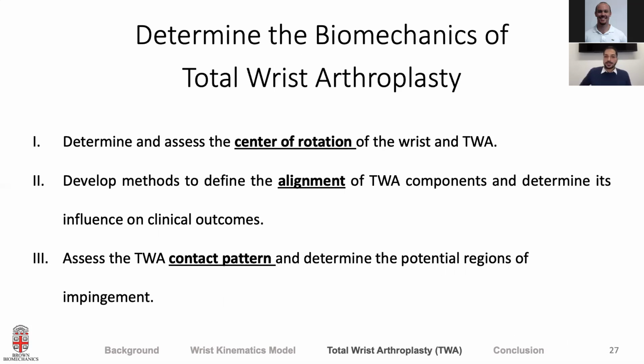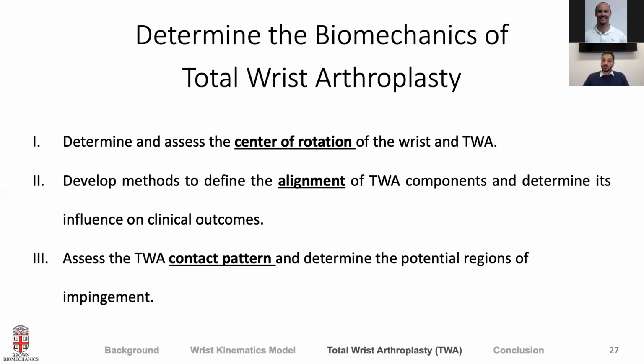Let's move on and look at the total wrist arthroplasty biomechanics from the three primary outcomes. First, I wanted to determine the center of rotation of the wrist and compare it to total wrist arthroplasty. I wanted to evaluate different patterns with the hope of providing more information to design better implants.